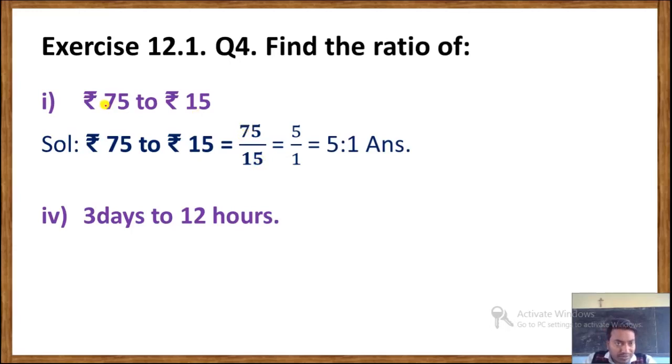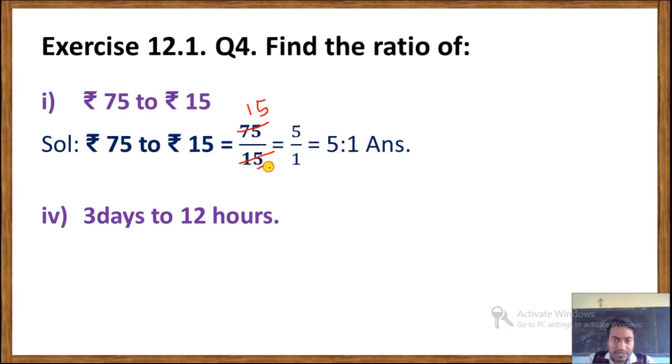75 is mentioned first, that's why I have taken it in the numerator place. And 15 is mentioned second, that's why I have taken it in the denominator place. Now reduce the terms. 5 ones are 5, 2 left, 5 twos are 25, 5 fives are 25.